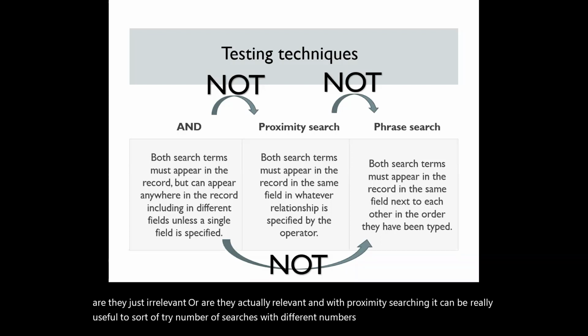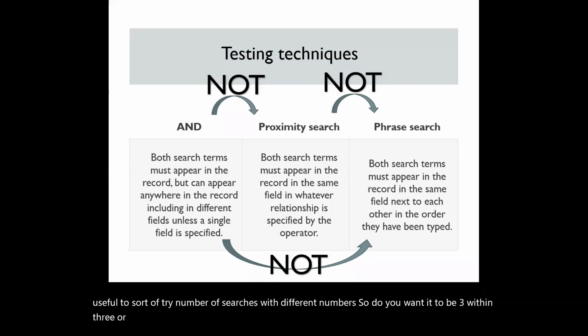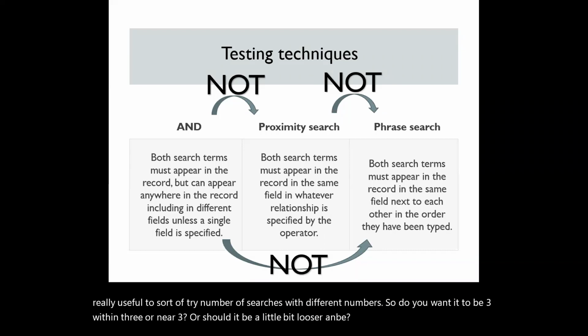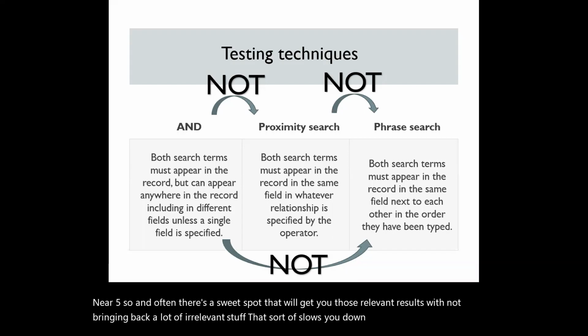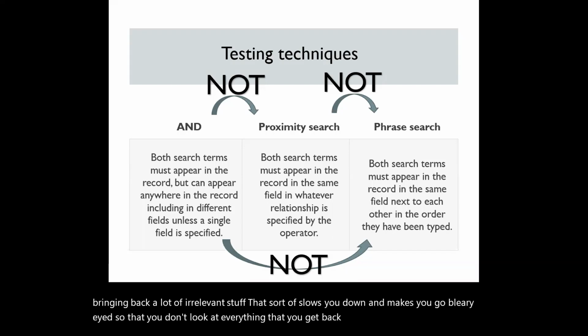So do you want it to be within 3, or near 3, or should it be a little bit looser and be near 5? Often there's a sweet spot that will get you those relevant results without bringing back a lot of irrelevant stuff that slows you down and makes you go bleary-eyed, so that you don't look at everything that you get back as closely as you should.